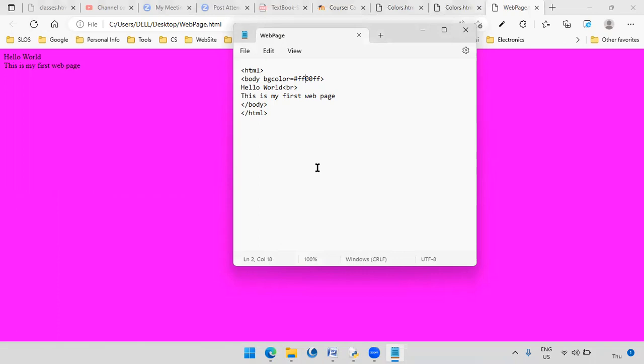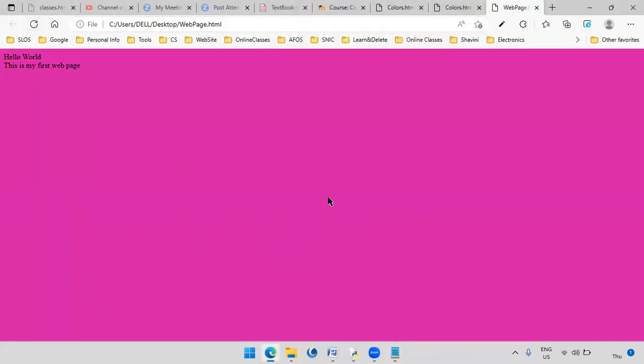Not only FF, you can give values like 1, 8, A, D, 1 or D. Like that, you can give hexadecimal values and get many shades.